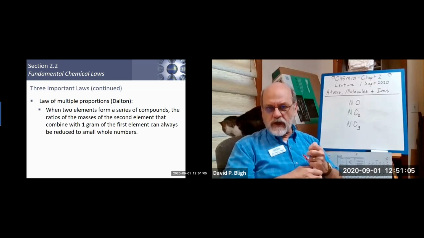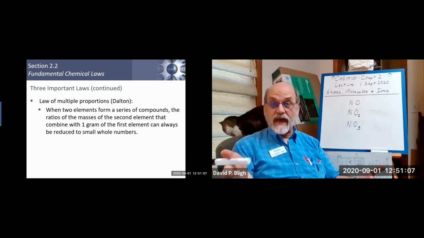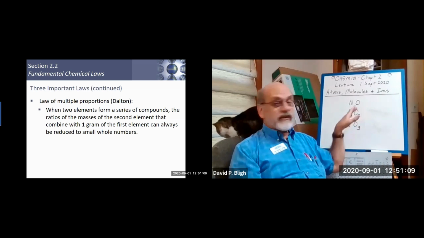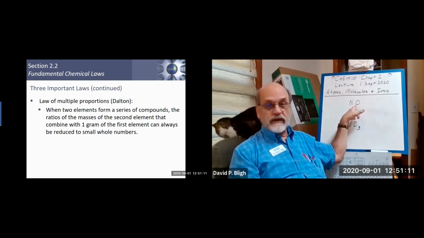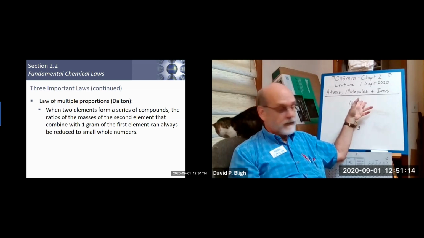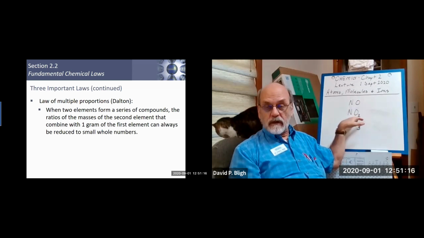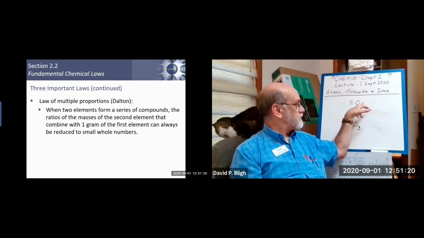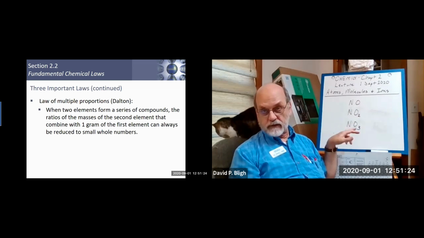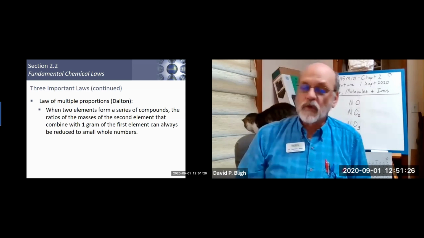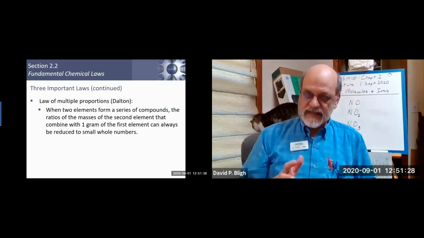So all these first laws are in terms of mass. So the mass ratio of this one to this one is a given value. But when you get to this one, it's a whole number multiple. So it's a proportion. If this is 1 to 1, then this would be 2 to 1, and this would be 3 to 1. Okay. That's what multiple proportions law means.